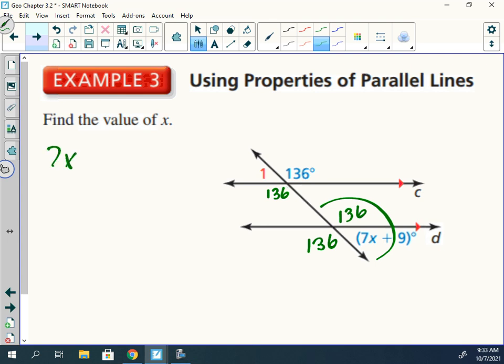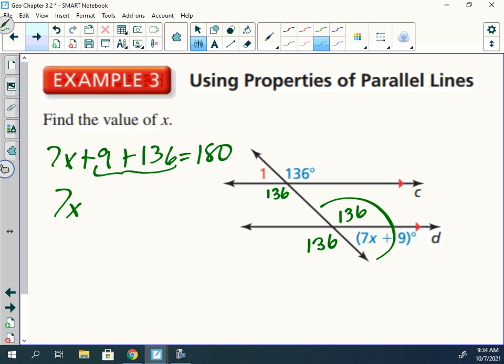So we can say that 7x plus 9 plus 136 is equal to 180. Well, there are no like terms with 7x. But 9 and 136 are like terms.